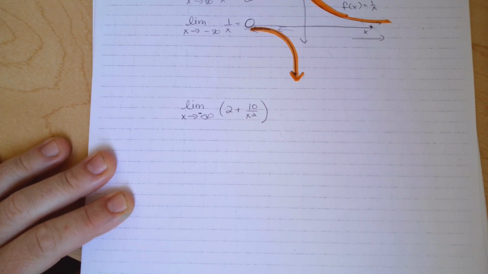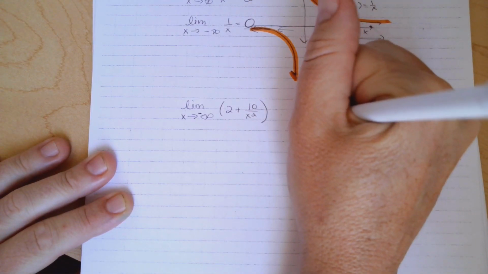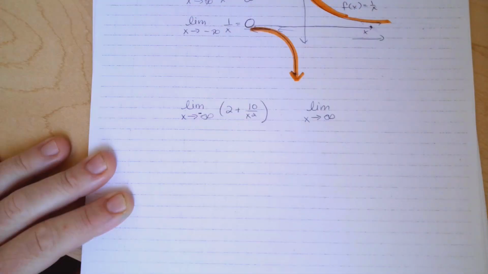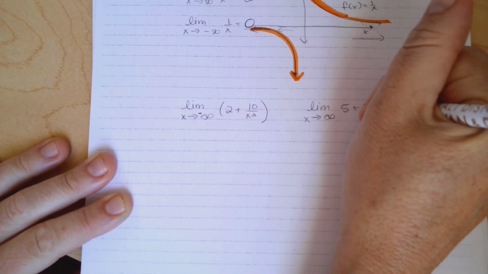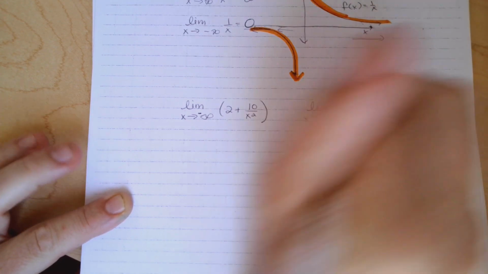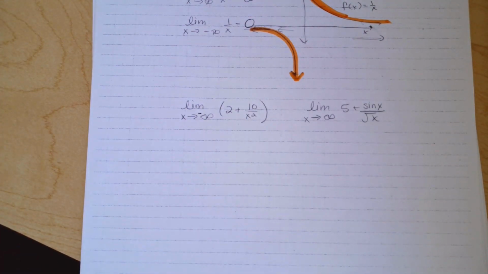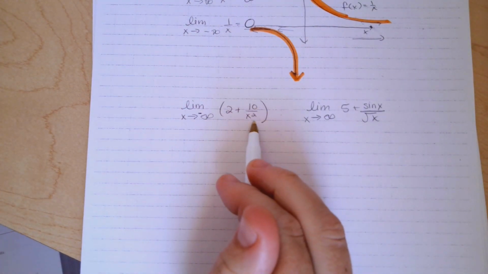And then we're going to look at the limit as x approaches positive infinity of 5 plus sine x over square root of x. Okay, so first, the limit as x approaches negative infinity of 2 plus 10 over x squared.